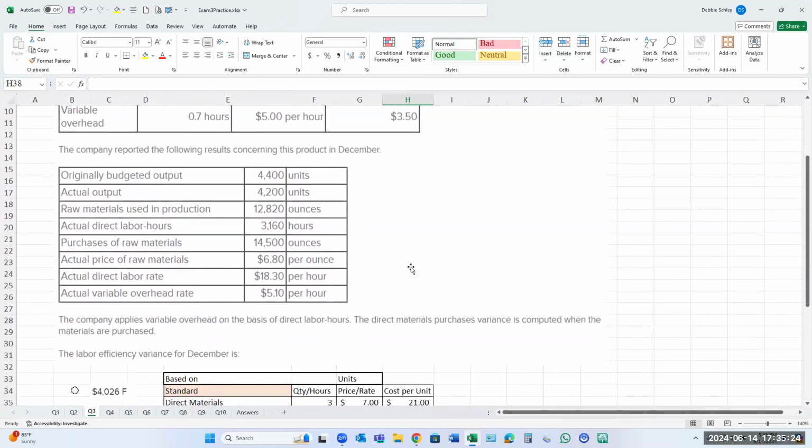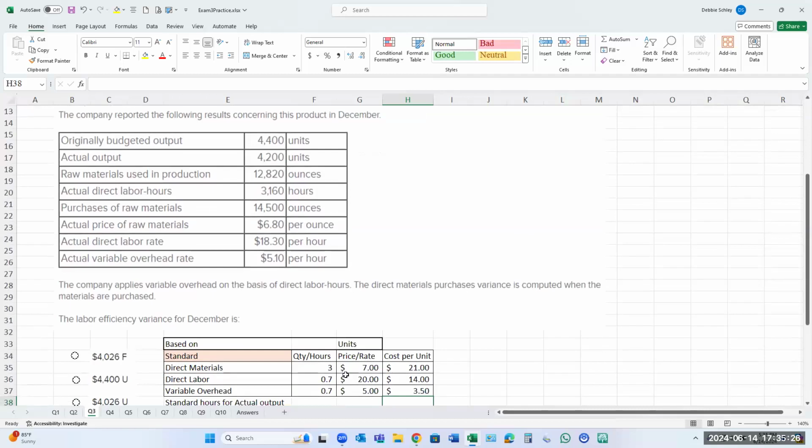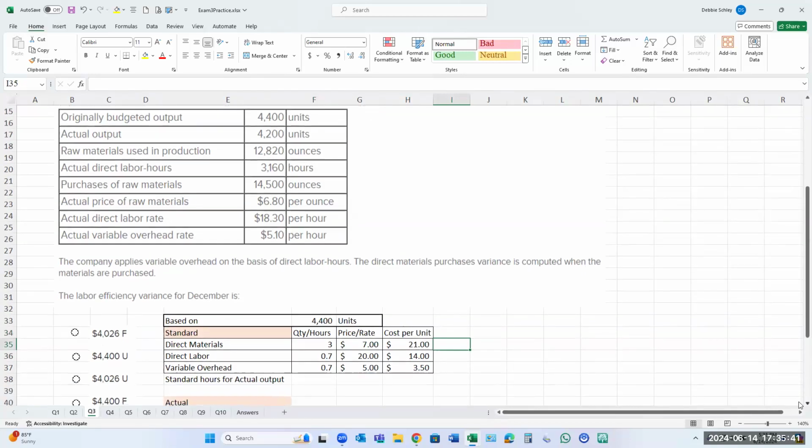The company reported the following results. Originally based on output of 4,400 units, that was our estimate, and these are our estimates for our standards. And then these are our actuals.